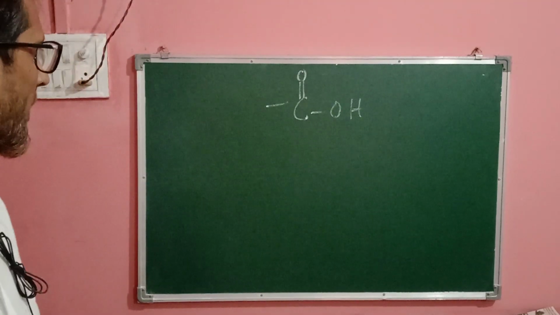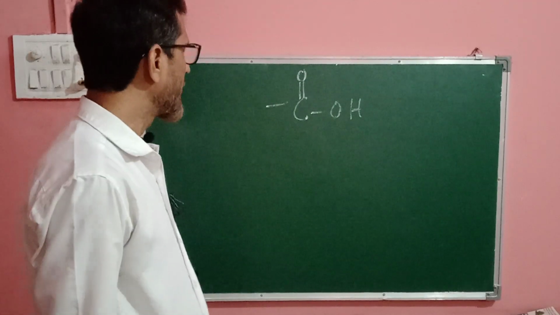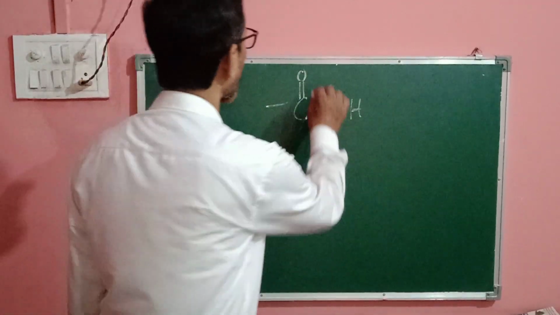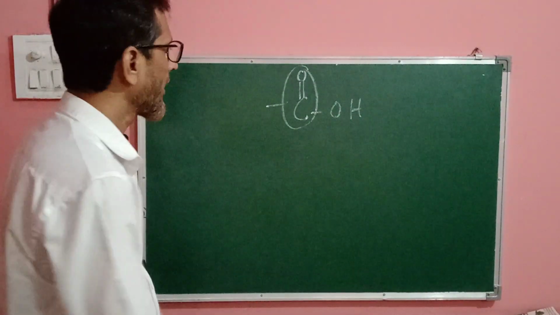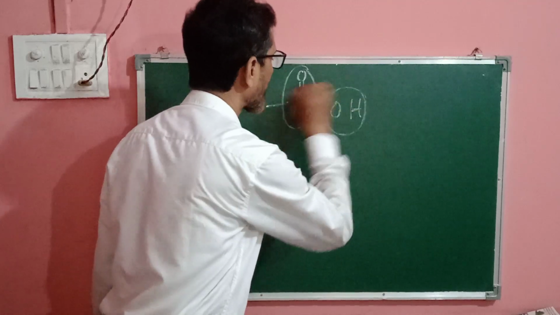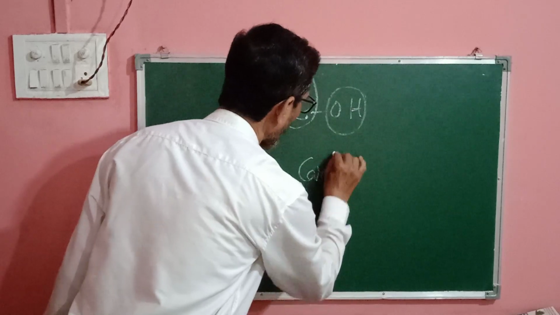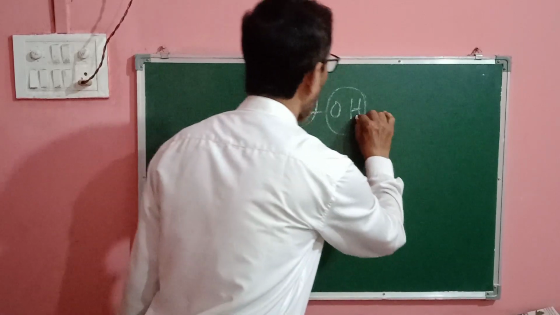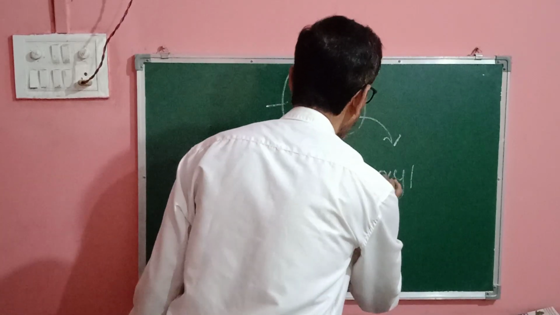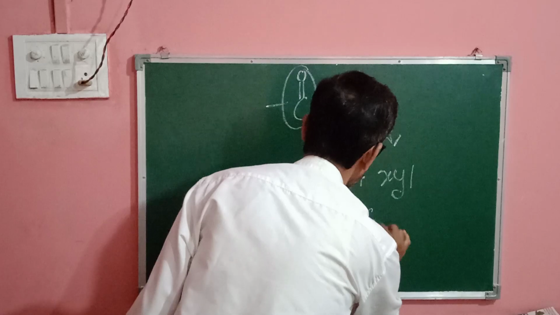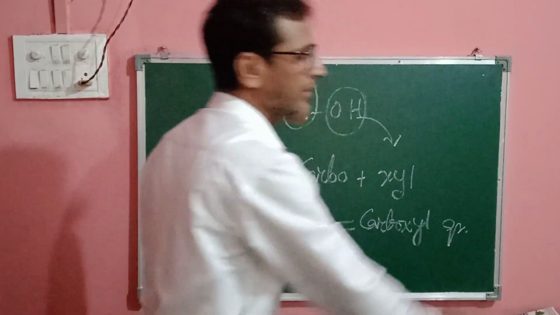Carboxylic acid mainly consists of two parts: one is the carbonyl part and the other is the hydroxyl part. From carbonyl, the word carbo has come, and from hydroxyl, the oxyl appears. Combining these two, the name carboxyl group comes.